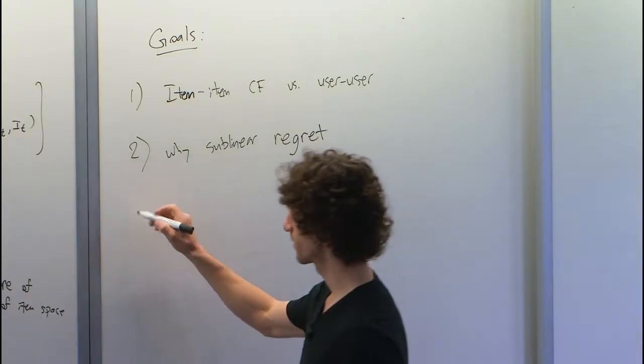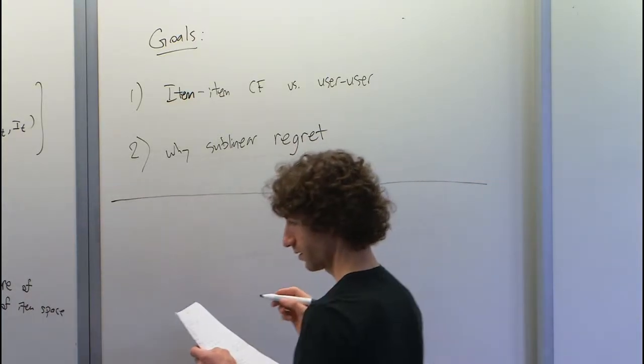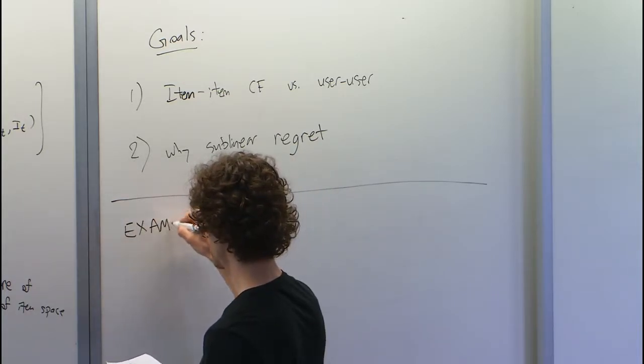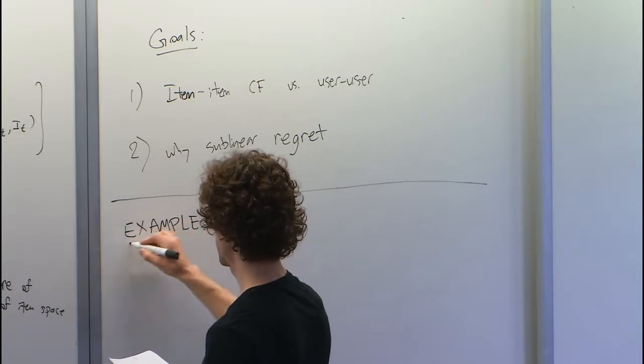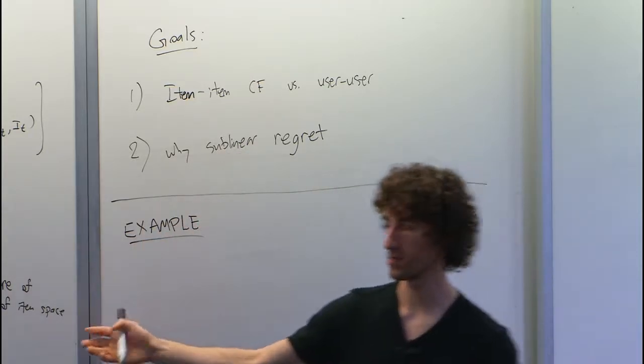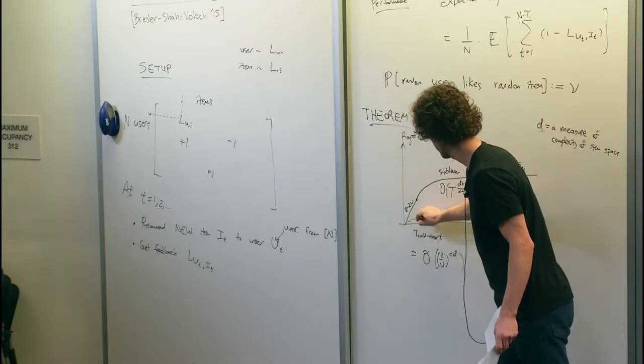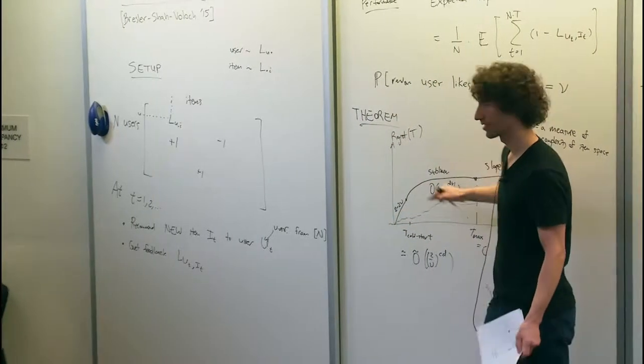So, okay. We're going to start with an example. Obviously the high-level goal is to get the best possible regret. So if I were to get a regret that looks like this, then that's better, right? It's lower.